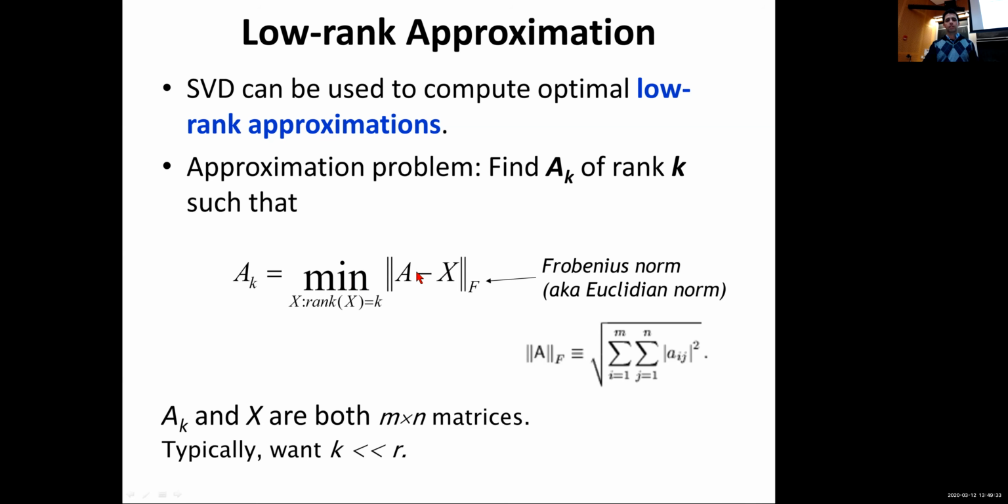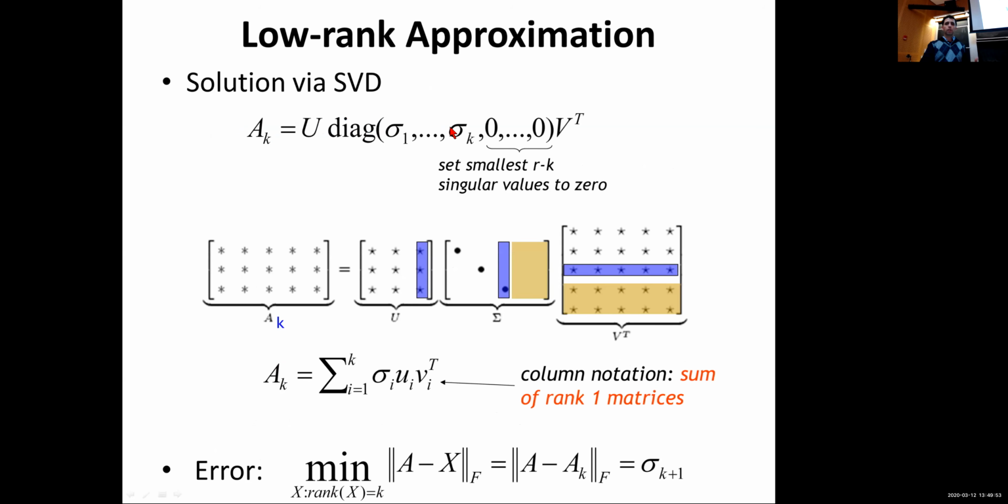Okay, so A and X are both M by N matrices, and typically we want the lower rank approximation K to be much smaller than the rank R. Is everybody with me? What's really cool is that I can prove that the optimal such approximation is nothing but the first singular values of the singular value decomposition, where I've just set all of the other values to 0.